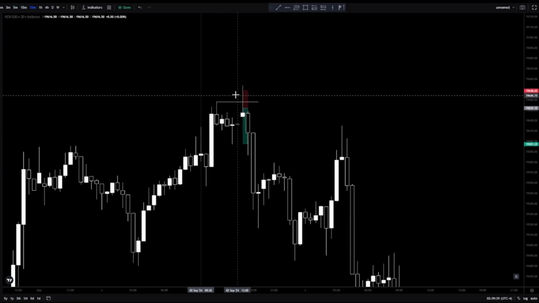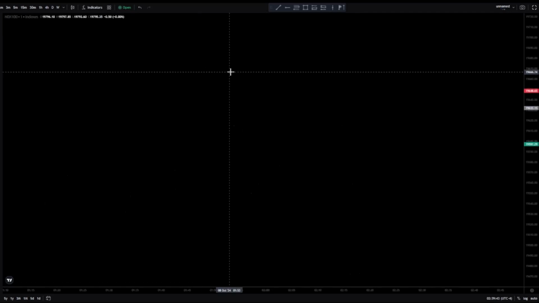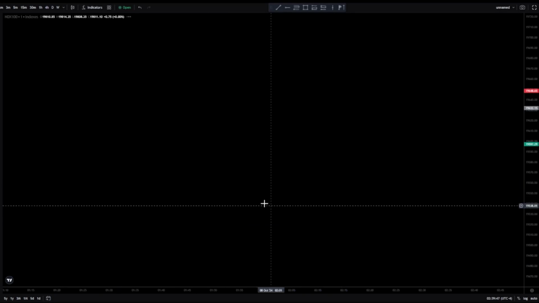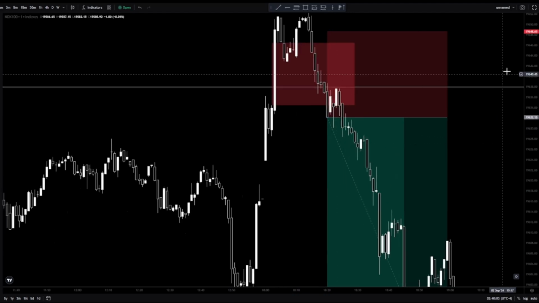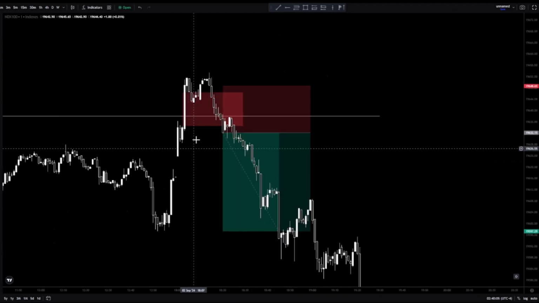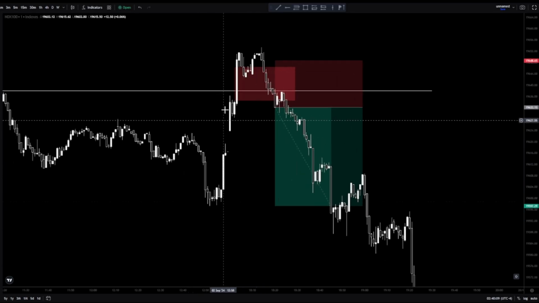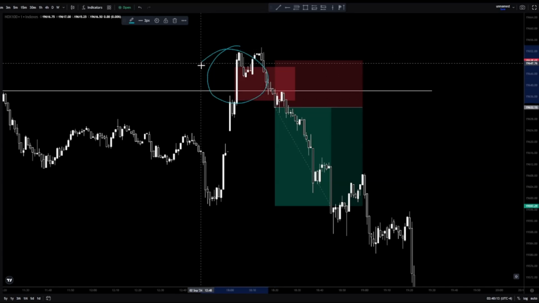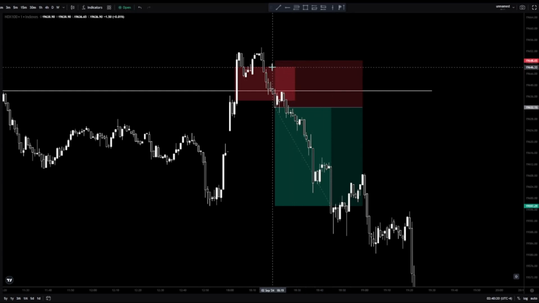So if you see this liquidity sweep, we are just going to switch to 1 minute or 3 minutes or 2 minutes, whatever you like. Here it is, the liquidity sweep. And look at this fair value gap. In this leg, it's very obvious, from here to here, and it's not so big and not so small.